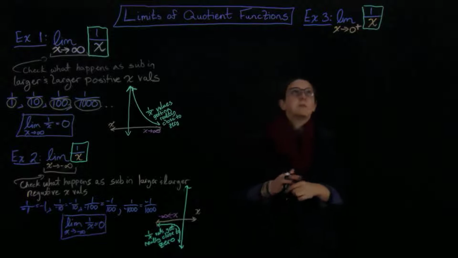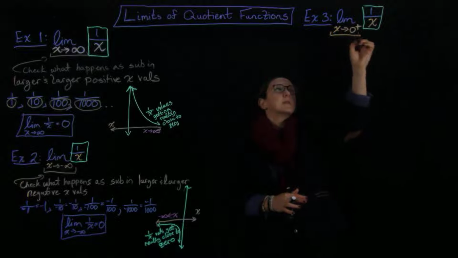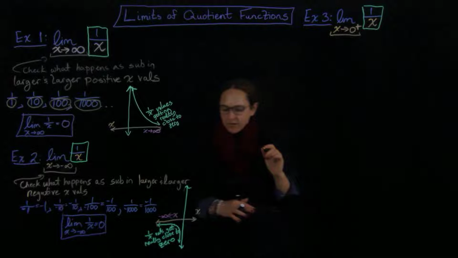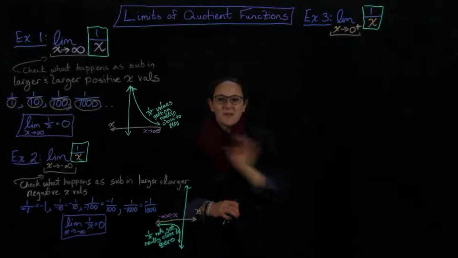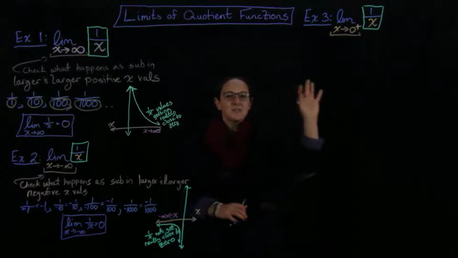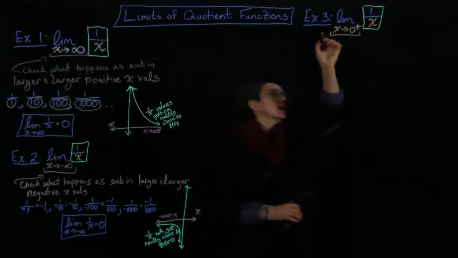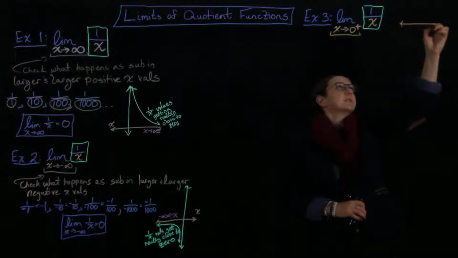Okay, but now what do we do? In this circumstance, what I want to do is check what happens as I sub in smaller and smaller positive x values. There they were larger and larger. Now they're smaller and smaller, because of this picture, we should always keep in mind.